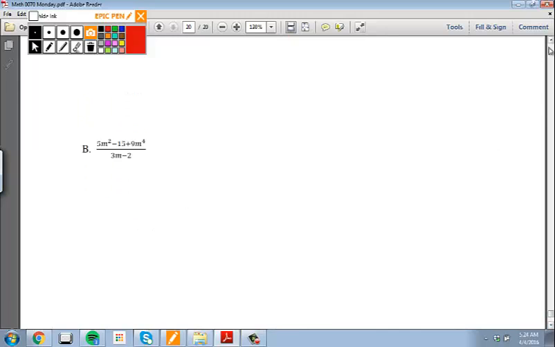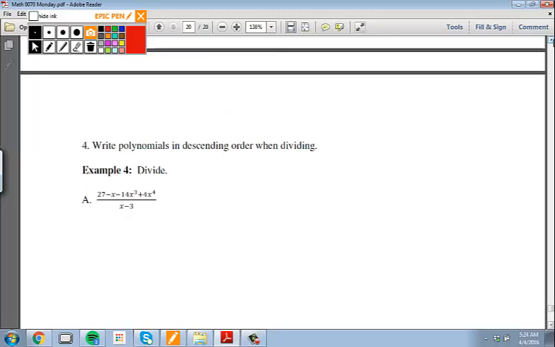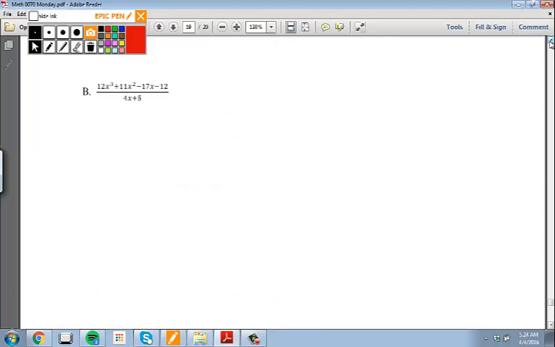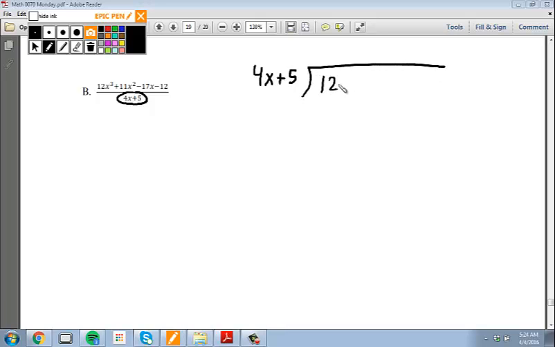B. Where is B at? 12x to the third plus 11x squared minus 17x minus 12 over 4x plus 5. So here is a binomial in the denominator. So I have to set it up as a long division problem again.